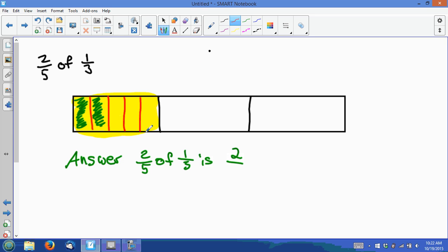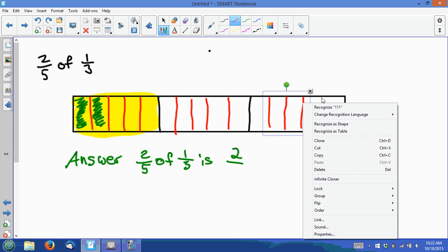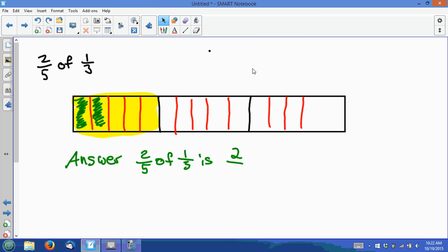You notice that there are 5 pieces here, which will be reflected here, 5 pieces here, and will also be reflected here. Meaning that there are a total of 15 parts. 2/5 of 1/3 is 2/15.